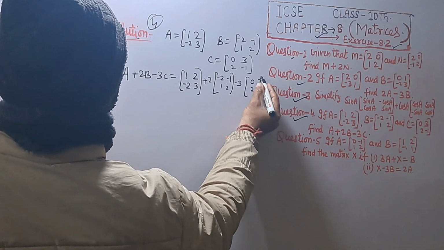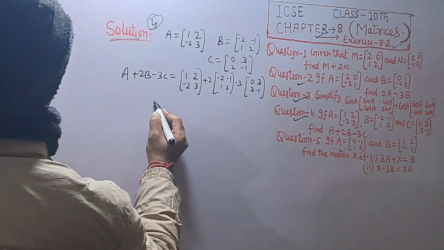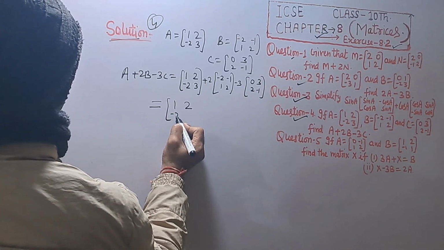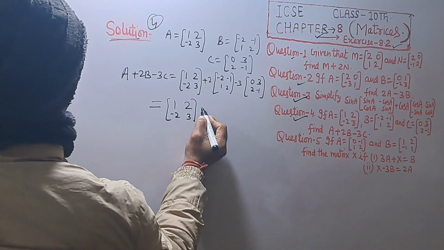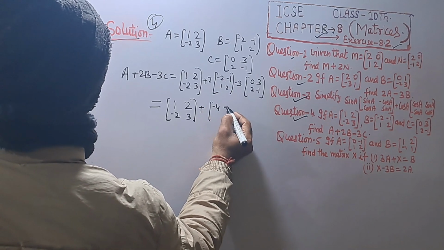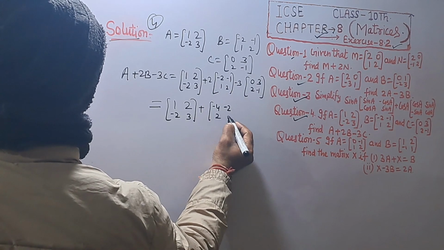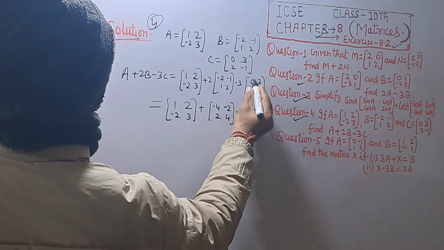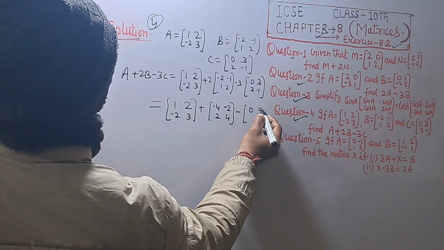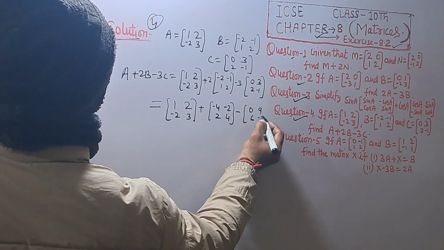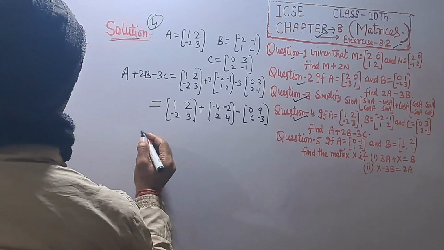Next step is [1, 2; -2, 3] plus 2 multiplied by -2, that is -4, -2, 2 1s are 2, 2 2s are 4, and minus 0, 3 3s are 9, 3 2s are 6, 3 1s are minus 3.